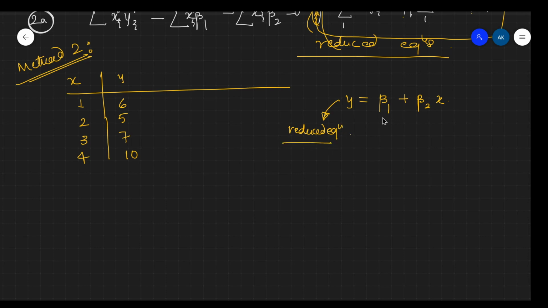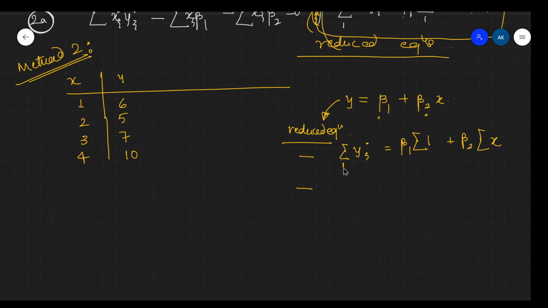How to write that? How many unknowns are there? 2. Beta 1 and beta 2. So you will have to write two equations. First one will be summation. You take summation over this. So it's summation yi equal to beta 1 summation of 1 plus beta 2 summation x.